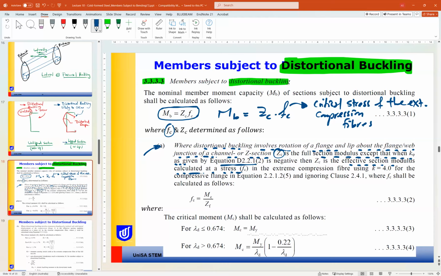So if the distortional buckling involves rotation of the flange and lip about the flange, you can take ZC as ZF. So ZC in this case can be taken as the full section modulus. So this is for ZC. And we'll see this in the examples because it depends on the case of your beam.